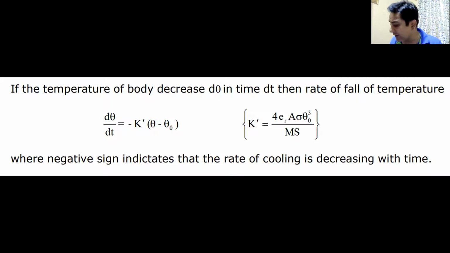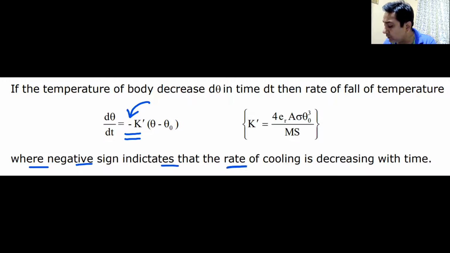In the previous slide, we had seen that the rate of cooling delta theta by delta t is proportional to theta minus theta naught. So if I remove that proportionality sign, I will have a constant K, and this is the constant K. A negative sign is also included with this constant. Why is this negative sign included?